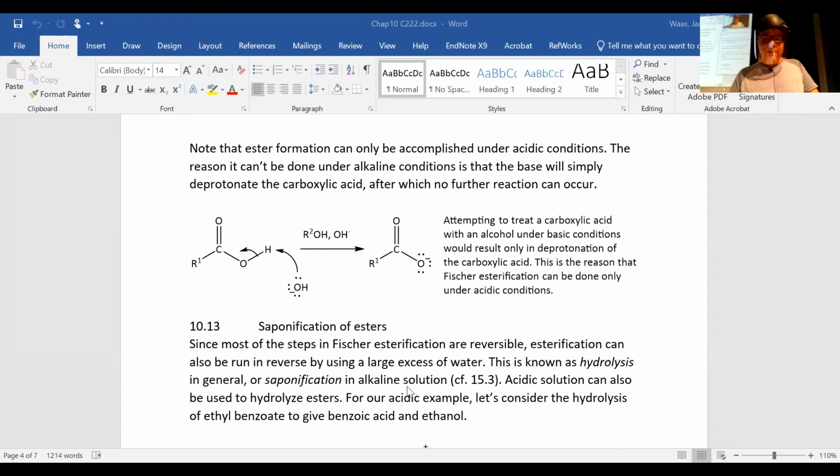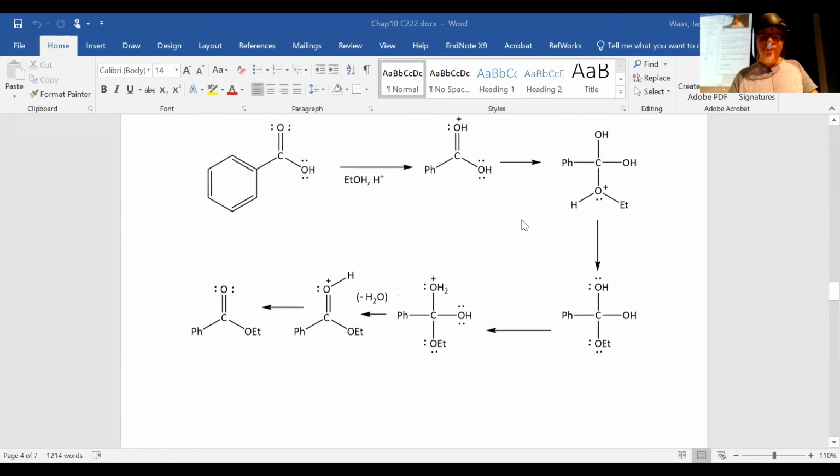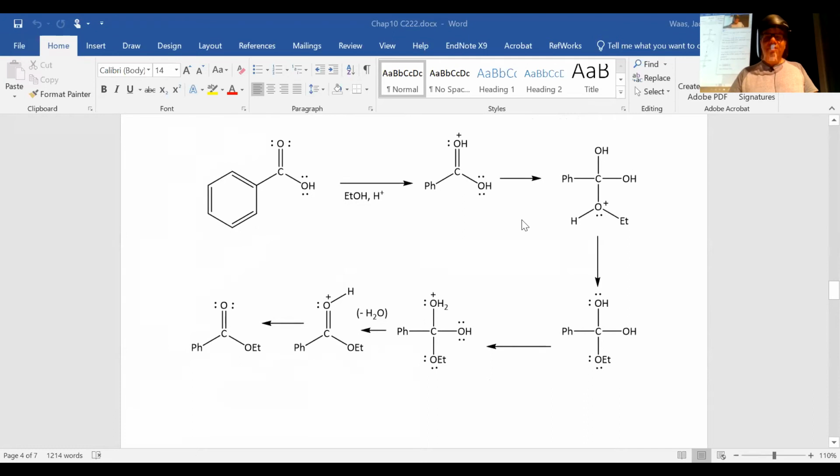Good. Let me go back to, where is it? Back to my whiteboard. Or maybe I should go back to this. Again, I can't call this a mechanism. It isn't, because it doesn't have any curved arrows, but back to this scheme. Any questions on Fischer esterification?